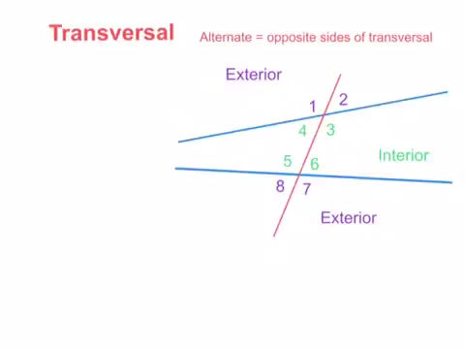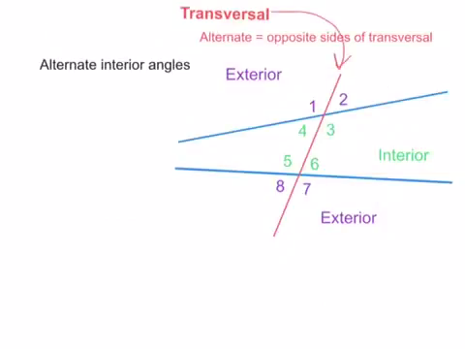So let's look at a few more of our definition terms, and we're talking about angle pairs. We have the word alternate interior angles. And alternate interior angles are going to refer to angles that are on opposite sides, or alternate sides, of the transversal, but interior of the 2 blue lines.